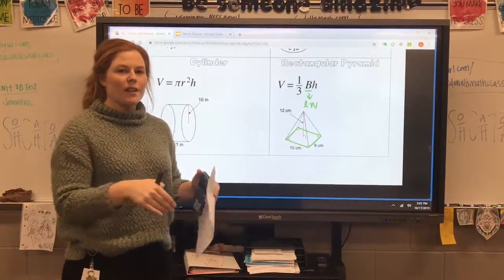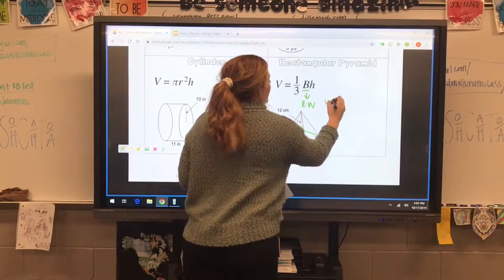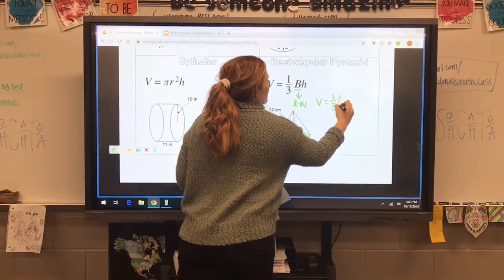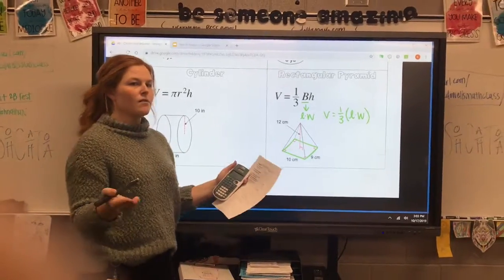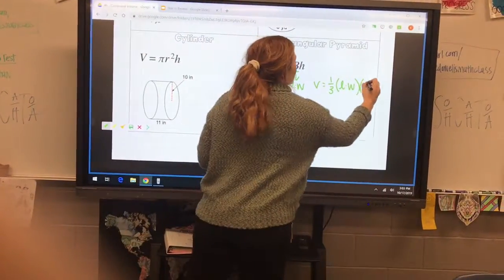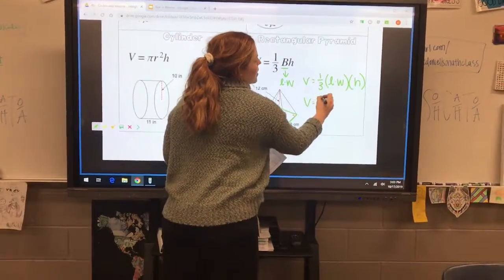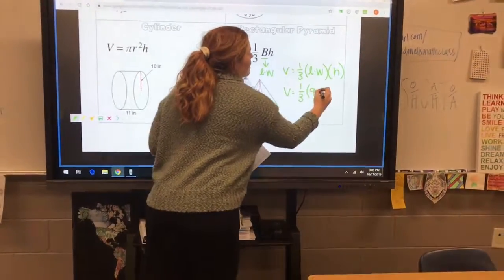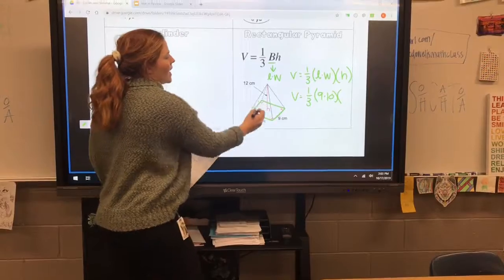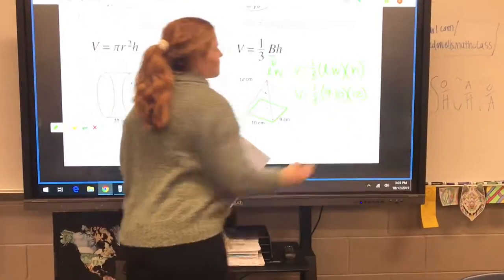So we're going to take 1/3 times length times width times the height, and then I'm just going to plug those values in. So length, 9 times 10, and then the height is 12.